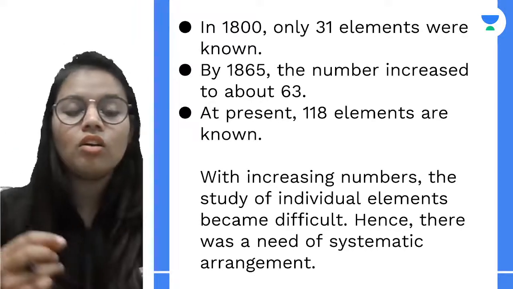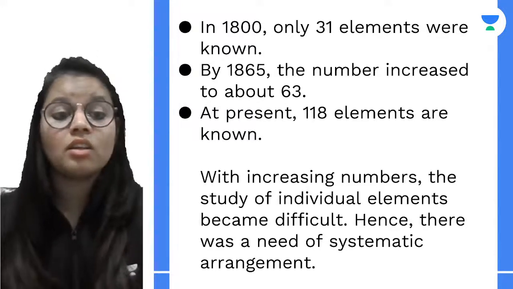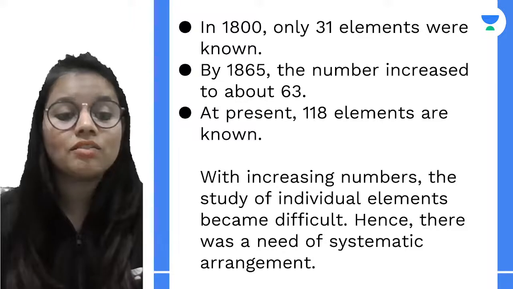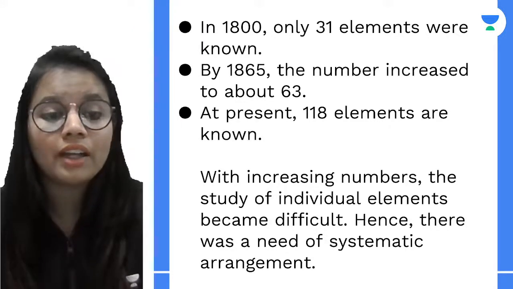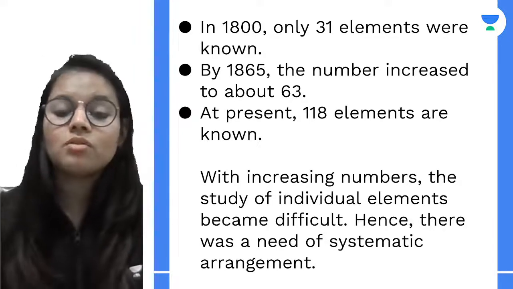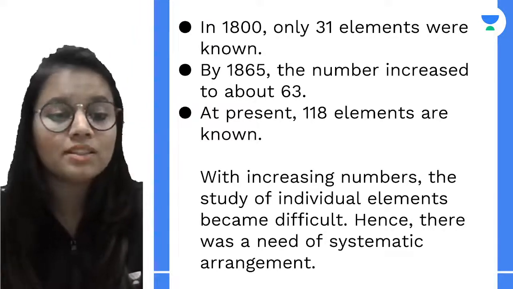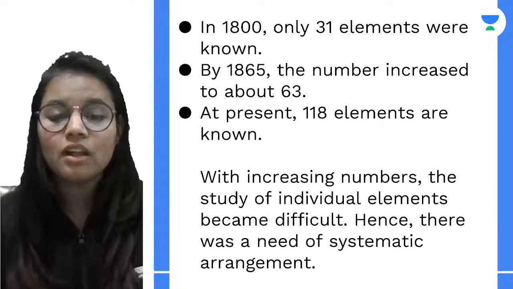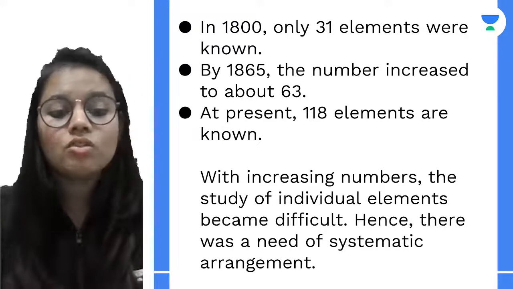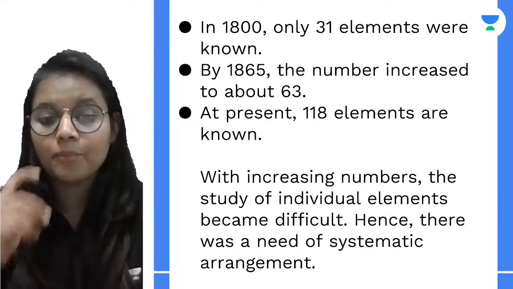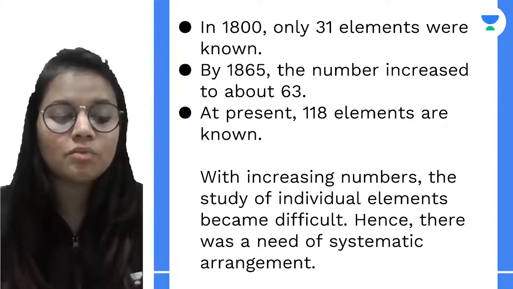Learning about each element, 63 elements, and their properties was very difficult. And right now we have 118 elements. If we have to study each element and its properties separately, that becomes very difficult. As this number was increasing, there was a need for a systematic study, and that is why we needed the arrangement.